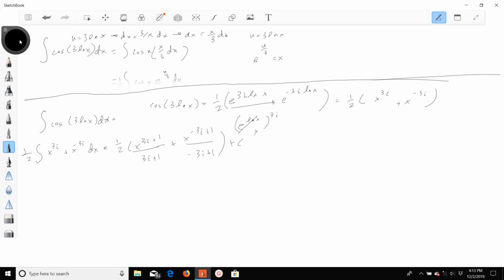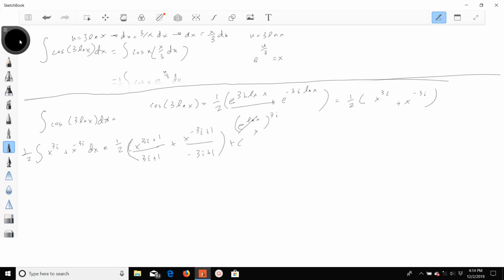Some simplification needs to be done here. But if you don't believe me that the power rule holds true for complex numbers, think about it some and do some examples and see what you get. Okay.